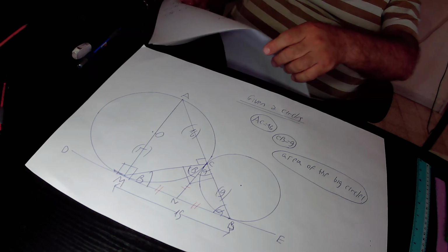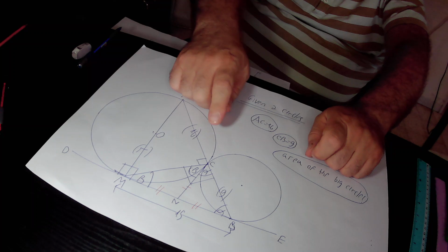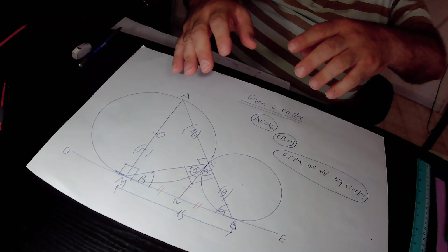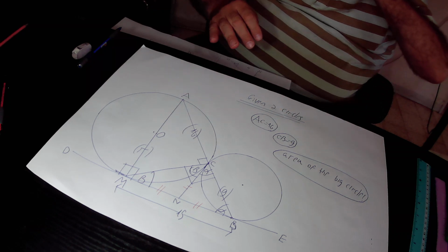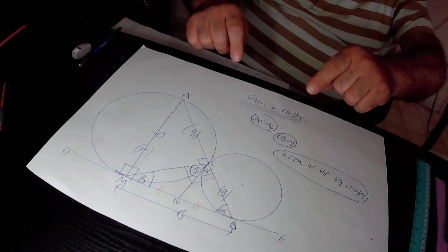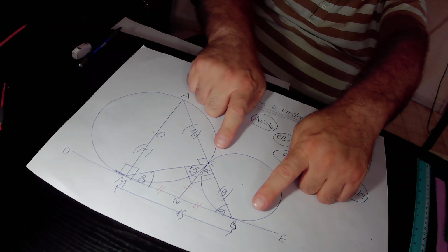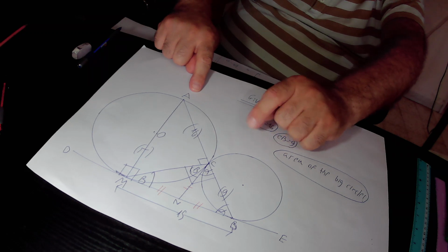So, in the drawing, we have two circles that touch each other at point C. Point C is the point of tangency of those two circles with each other. In addition, we know that this is called BC, which is equal to 9 units in length. This is called CA, which is equal to 16 units in length.